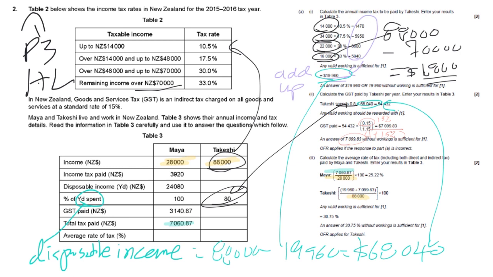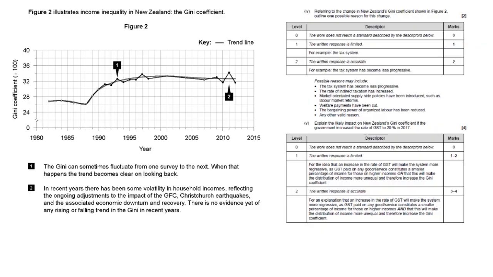For Tax Year, the things will become a little bit complicated. First of all, we have this one, 19960 from A1, and also we'll have 7099.83 from A2. So I will mark it down again. For Tax Year, we have to make use of the answers from A1 and A2 to compute the answer. Let's go to part 4 and part 5.